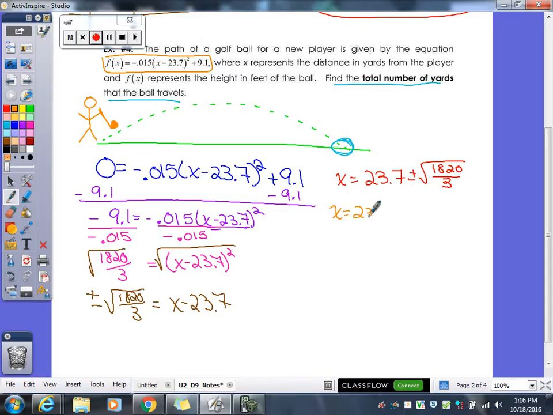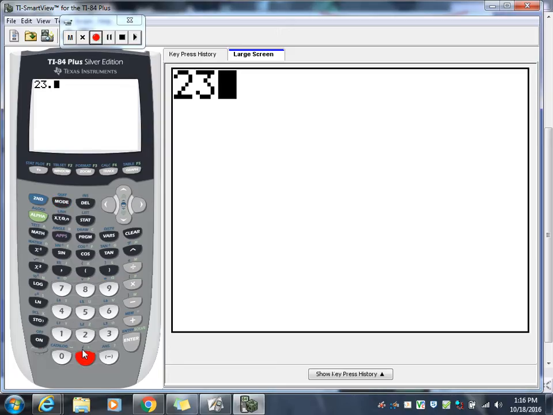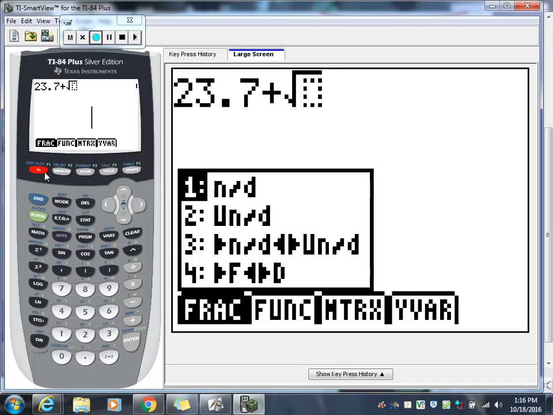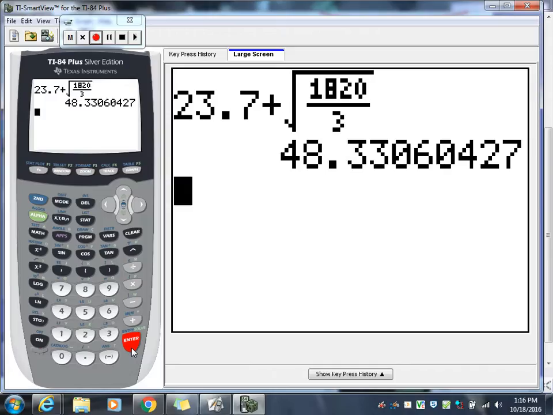We have to do the 23.7 plus the square root of 1820 over 3, and then the same thing minus the square root of 1820 over 3. So 23.7 plus the square root of 1820 over 3. So we get 48.33.